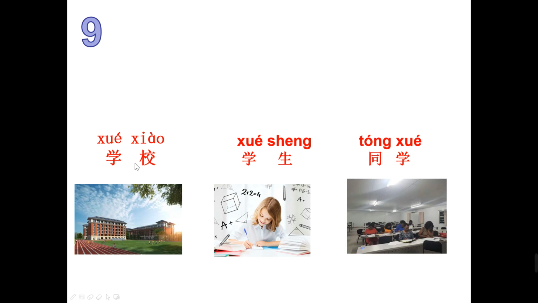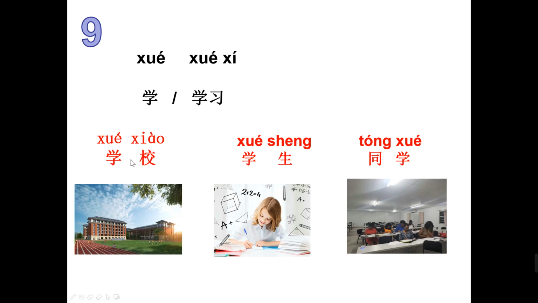Then from these three words, we can find they share the same word 学 in Chinese means study or to learn to study.